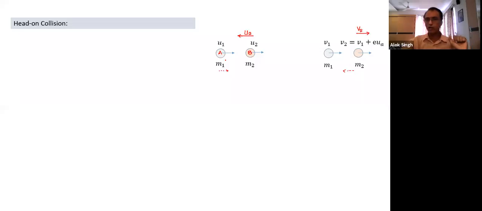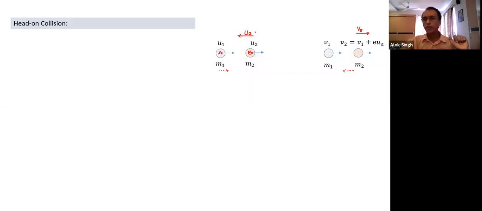So let's take the head-on collision. If this is the line joining centers, the velocities are in the same direction as the line joining their centers. Let's take this velocity as u1 and this as u2. I can calculate velocity of approach.